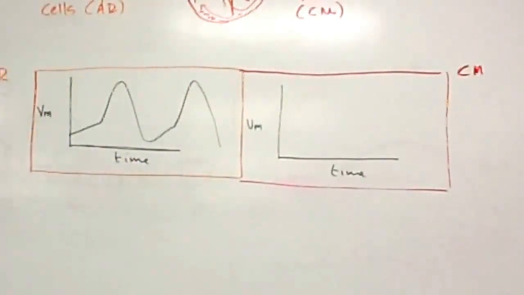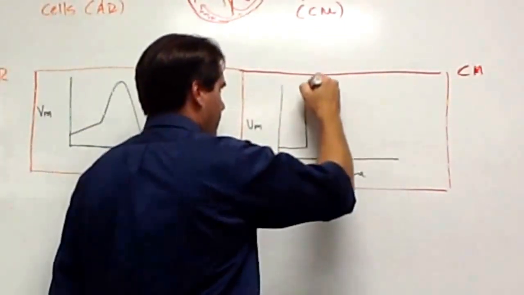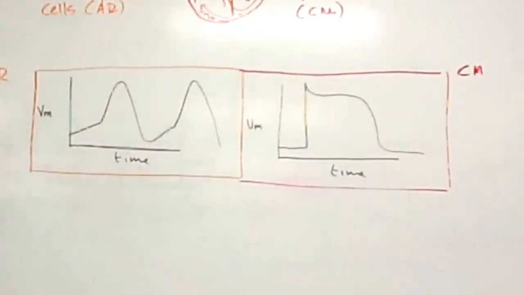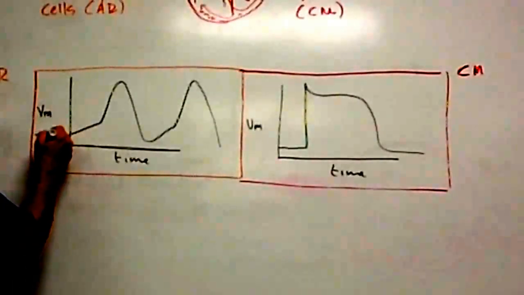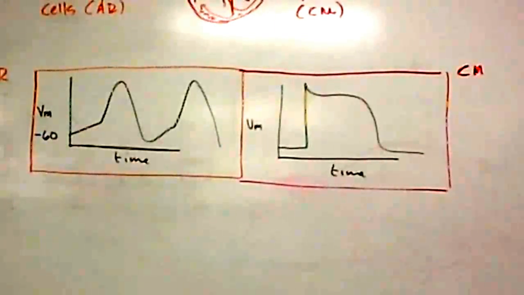And the action potential, cardiac muscle, looks like this shape. We'll throw in some voltages. Technically, cardiac muscle, the AR cell sits at minus 60 millivolts.